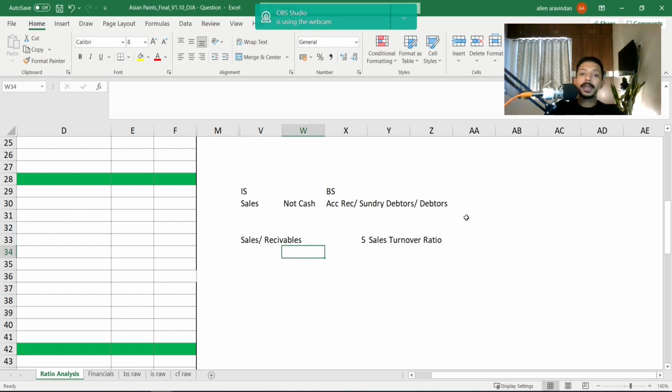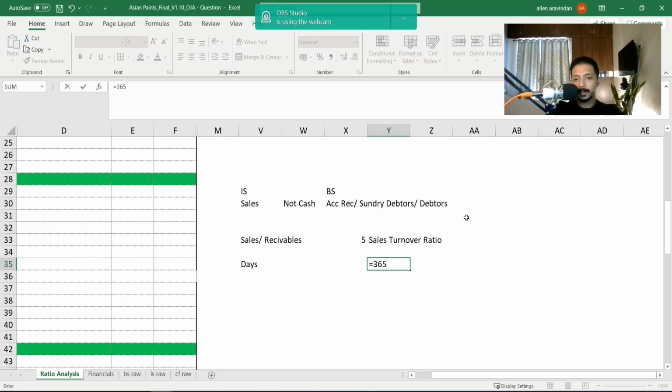So now, can I convert this into days so that I get a better insight? In order to convert from the receivables turnover ratio to days, you just take 365 as your working days and divide by the turnover ratio you calculated. First you find out how many times sales is compared to receivables.